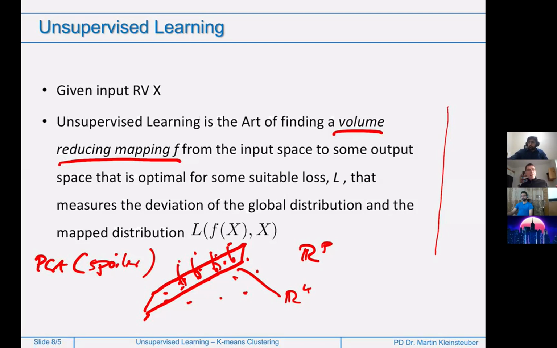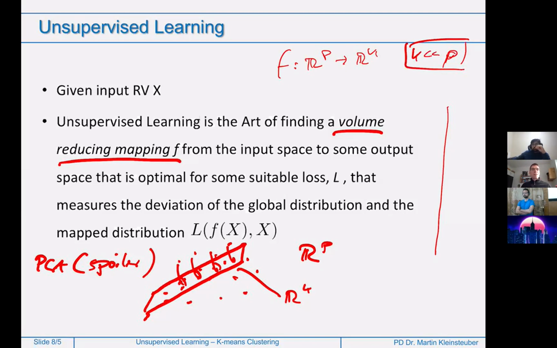We just restrict the search space of the dimensionality reduction to a low dimensional subspace. So from this map F, RP to RK, we just fix K much smaller than P. And if you do that, then of course you have a dimensionality reduction because you come from a high dimensional space into a lower dimensional space.